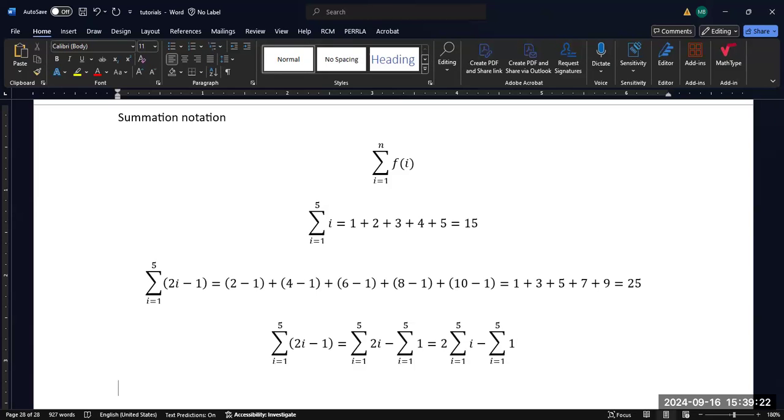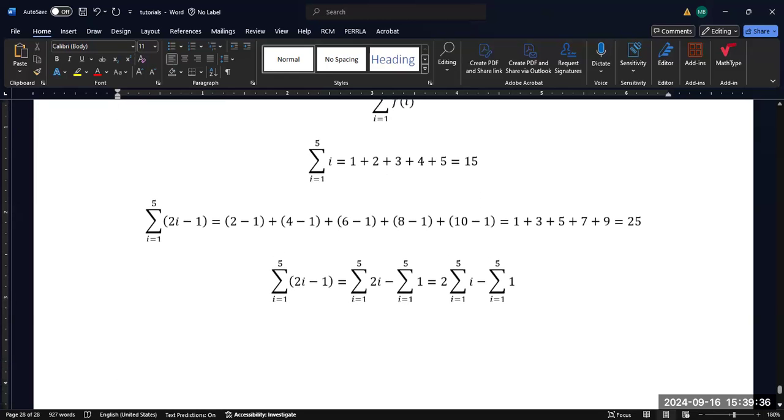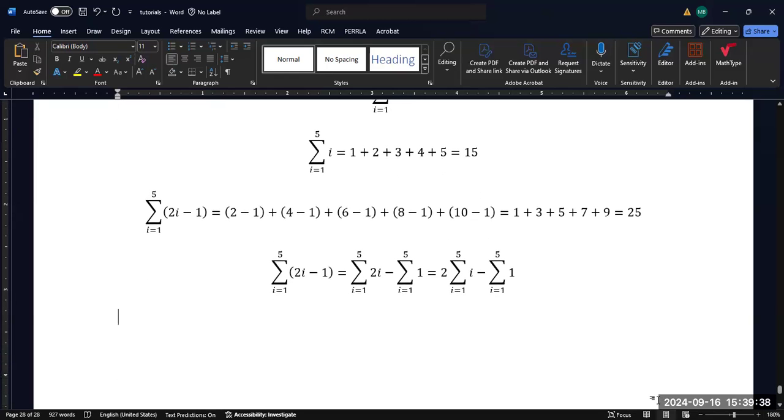So I can do these algebraic manipulations because this is just a sum. And since I'm adding things up, anything that I can do to a string of written out sums, I can do to a summation notation. Now, things that I can't do to a string of sums is like distribute powers. So if I have a summation with a square around it, let's say, I can't just square every term.